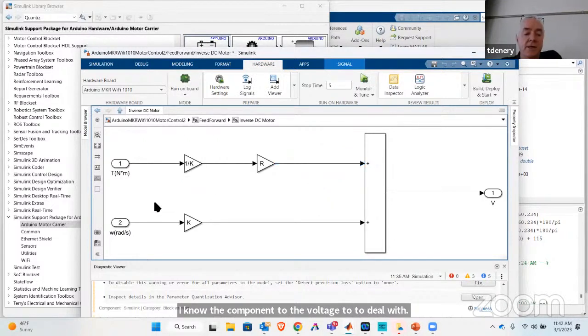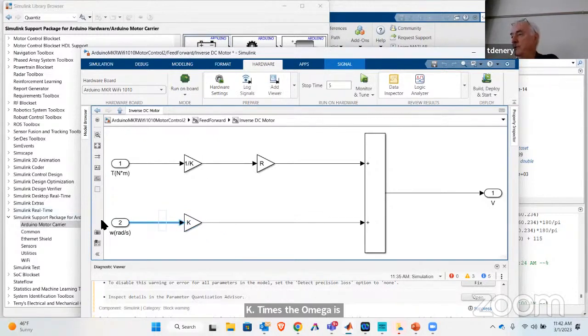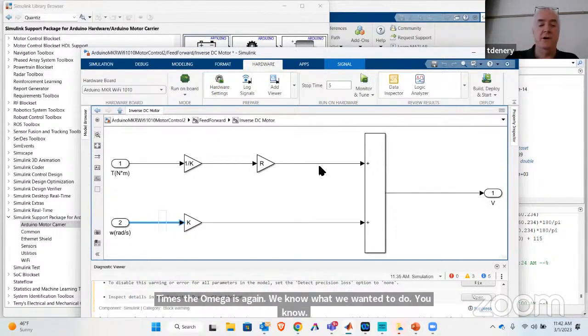The other thing is this thing called back EMF voltage. Well, that's that same K that I was telling you about. And so that K times the omega, because again, we know what we want it to do. So if we do this really well, we're going to go into this knowing the angular velocity, right?